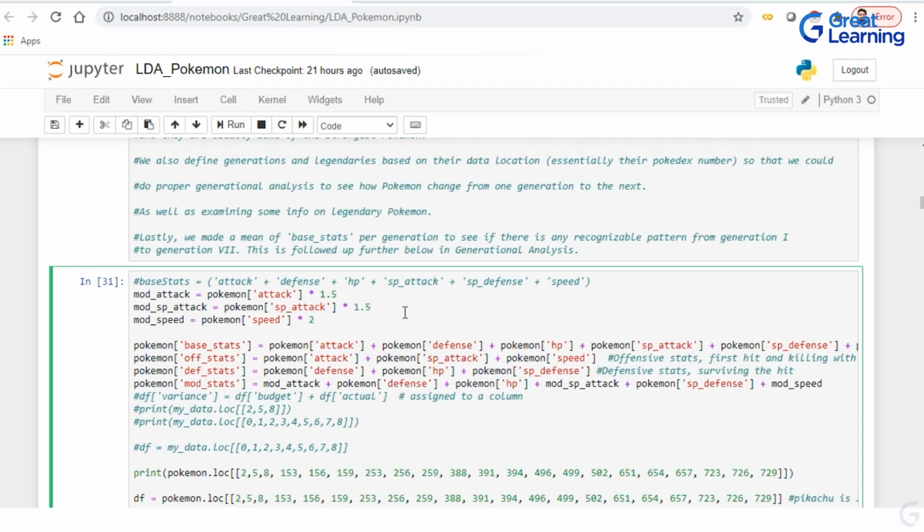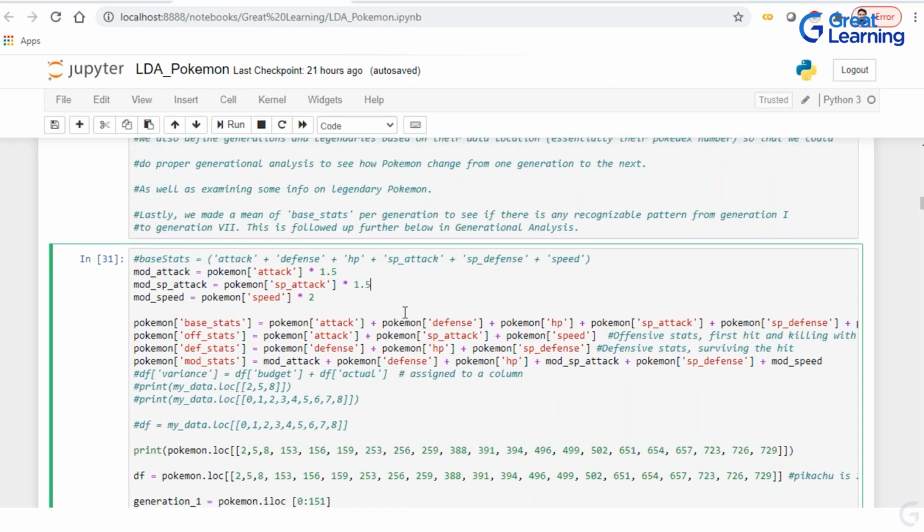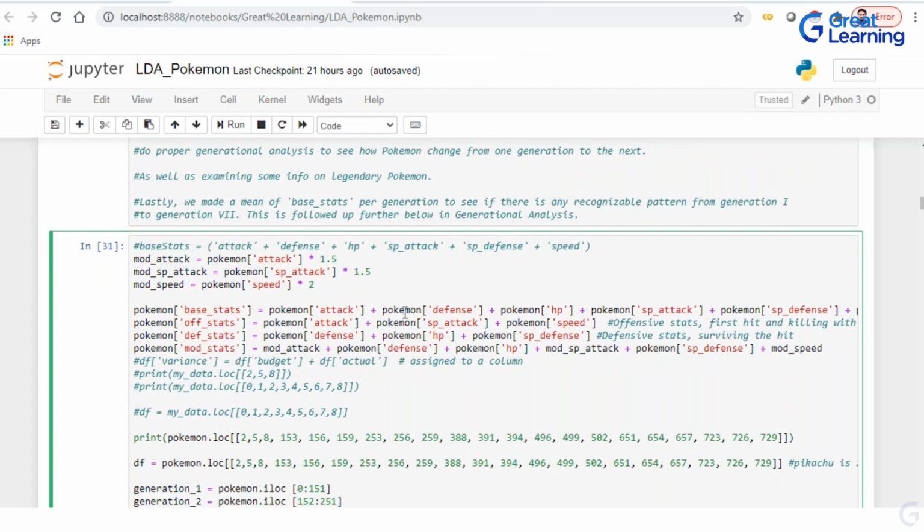I mean, we can always discuss offline, but I hope you're getting the idea. The idea is, we were trying to create newer base stats and mod stats for us. We wanted to identify, are we able to gain better insights into our data by doing this? If yes, what is it that we can try to work on? So we kind of did that.